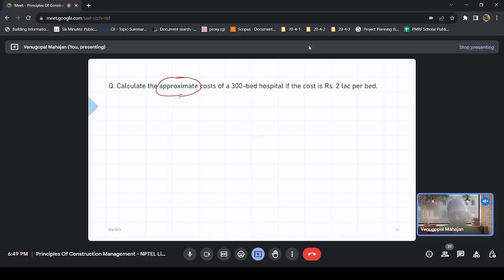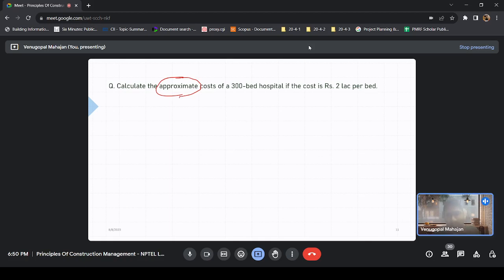What other data do you need? Hospital means various elements will be there, and we should know the functions, or how many stories, or structure detail we need. Structural detail you need? Approximate cost is asked, so we can work out.